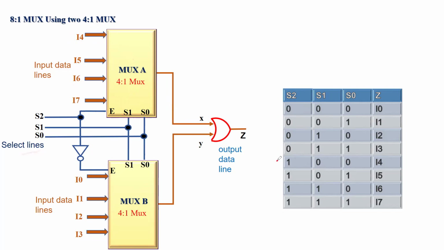So again, when this is 1, whether it is 0 0, 0 1, 1 0, or 1 1, you will receive at the output I4, I5, I6, or I7. So whether I0 to I7, they have logic 0 or 1 at their input lines, that data of logic 0 or logic 1 is available at the output. So this is how we have successfully created an 8 is to 1 MUX using two 4 is to 1 MUX.